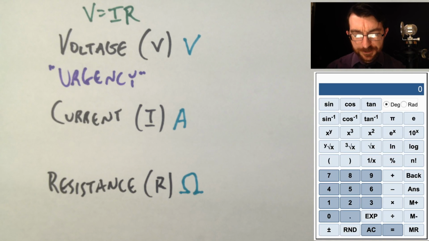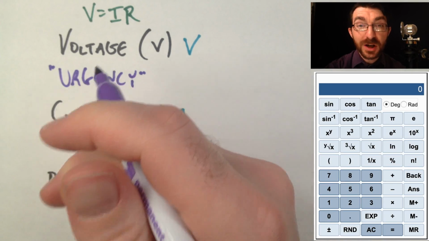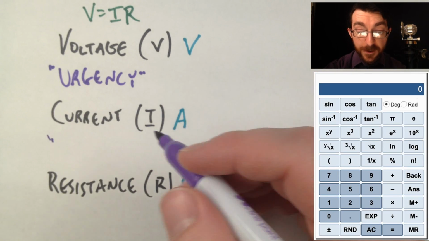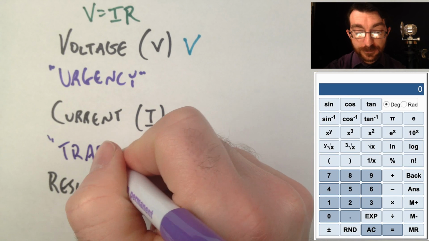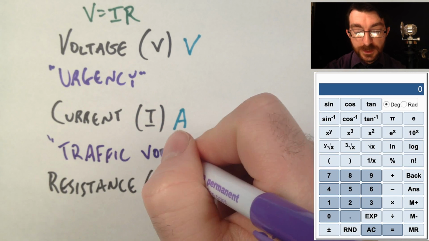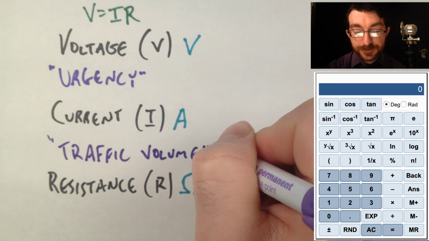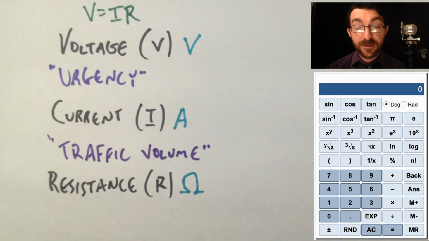So current is a measurement of how much electricity is actually flowing. And in the context of traffic, that would be like traffic volume. So if we were actually counting traffic volume, we would be counting it in terms of like number of cars per unit time. Like on a road, maybe 100 cars pass every minute.